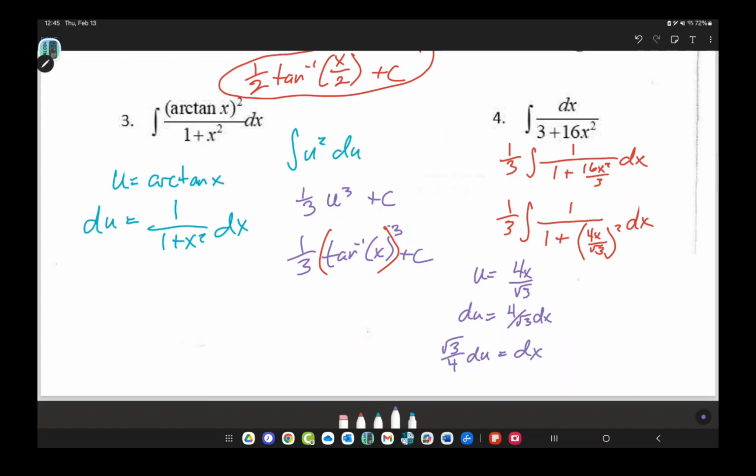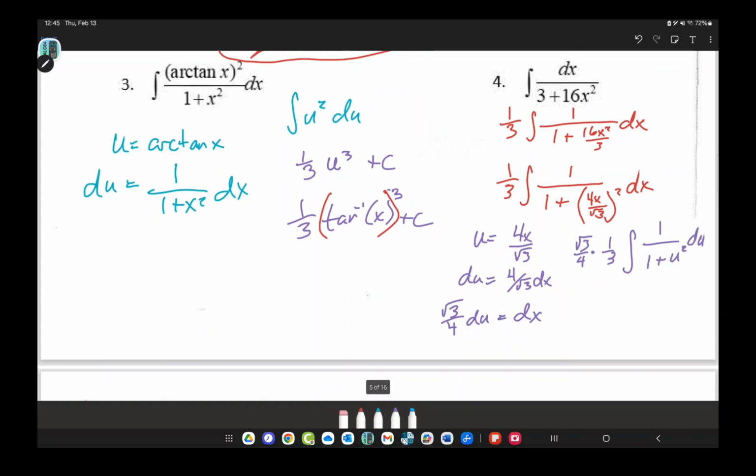Plug that in, we have the square root of 3 over 4 times 1/3, integral of 1 over 1 plus u squared du. That gives you square root of 3 over 12 arctangent of u plus c. Square root of 3 over 12 arctangent of 4x over root 3 plus c.